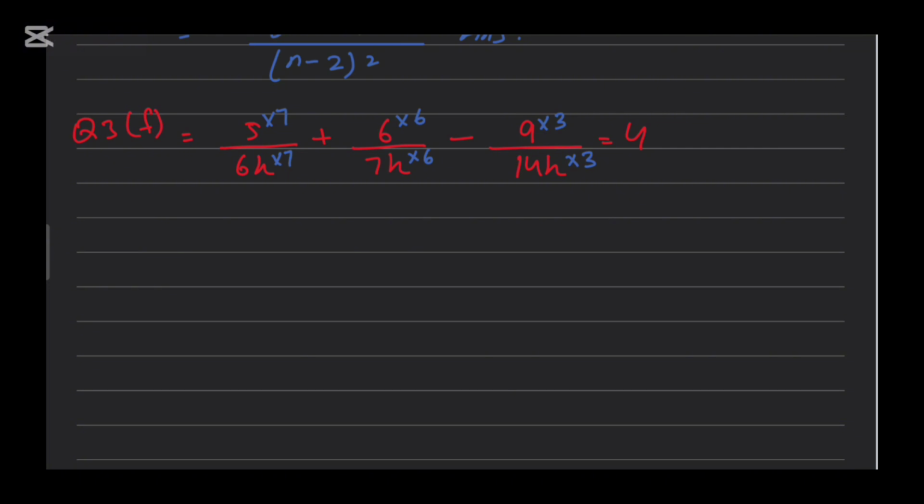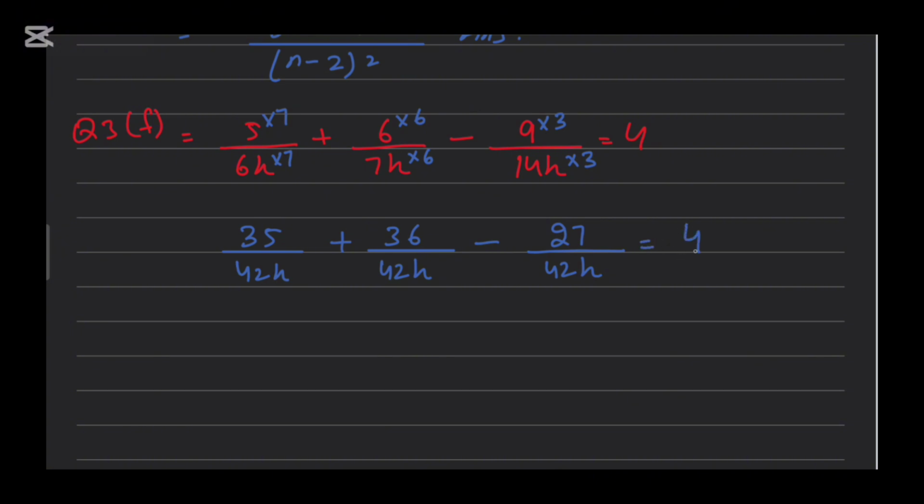So 7 5s are 35 over 42h plus 6 6s are 36 over 7 6s are 42h minus 9 3s are 27 over 42h is equal to 4.